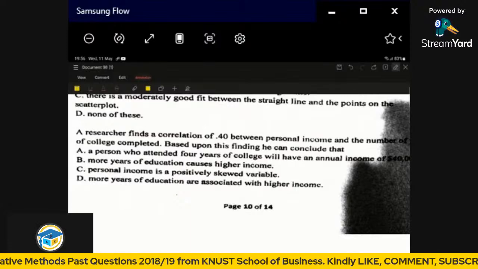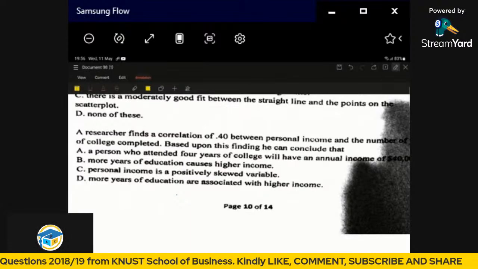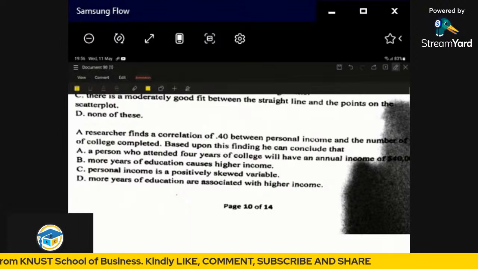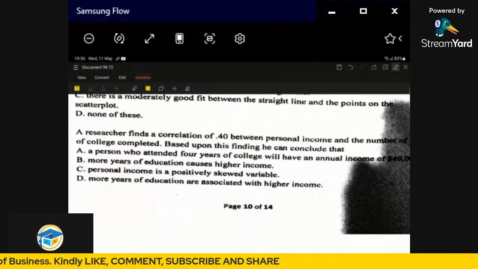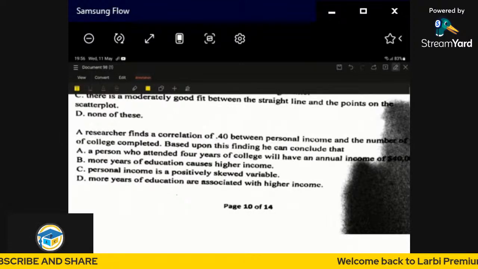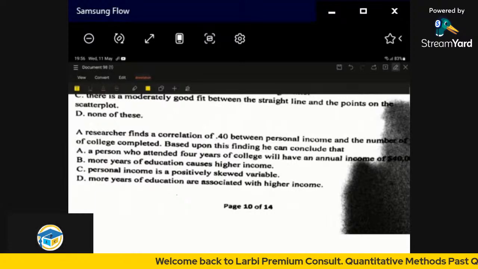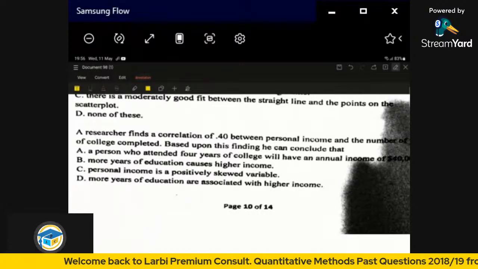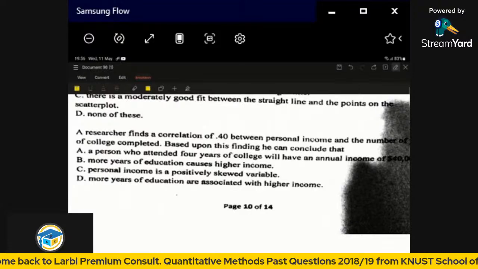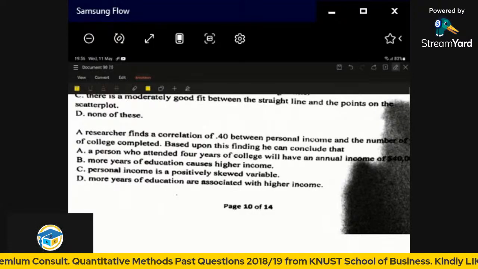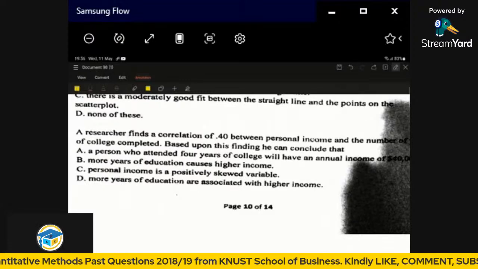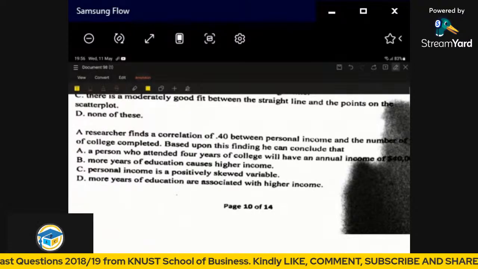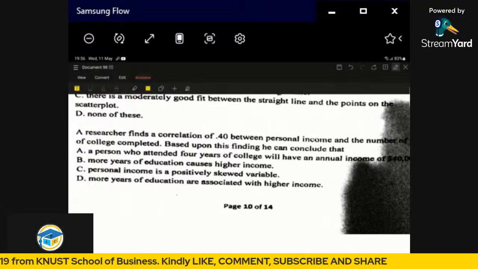We can conclude that more years of education are associated with high income. We are talking about correlation. With correlation, in terms of the association, if there is a change in one variable, it should be accompanied by a change in another variable. Based on this finding, the idea is that if you are to educate, which in reality doesn't always exist, because some people will go to school but ask them of their income, it depends, it varies.